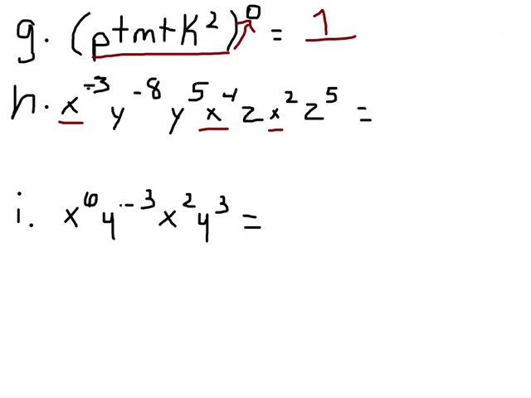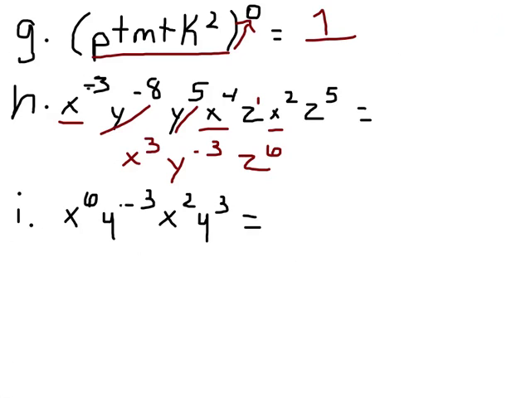So 6 minus 3 leaves us with x cubed, or x to the third. And then y, we have negative 8 and positive 5, which leaves us with y to the negative third. And then z, we have a 1 right here and a 5 right here, so we end up with z to the 6th.